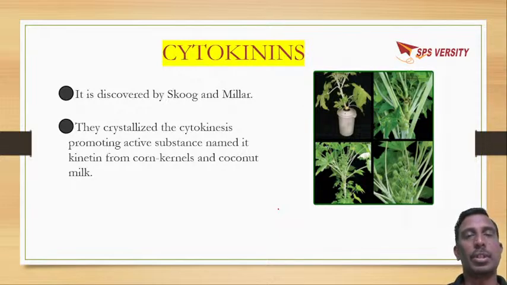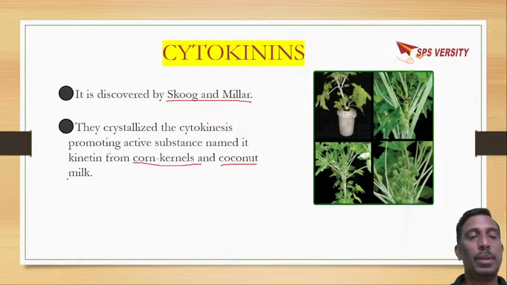Now we are going to study cytokinins, which are another plant growth promoter. They were discovered by Skoog and Miller, and crystallized from corn kernels and coconut milk.